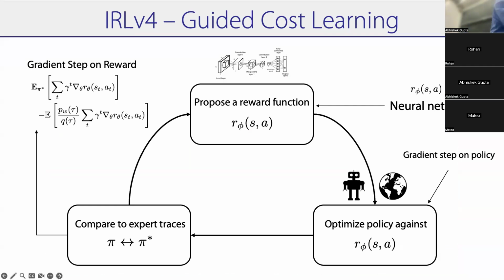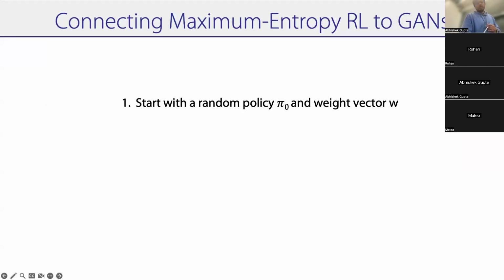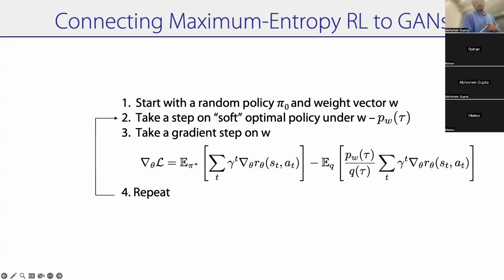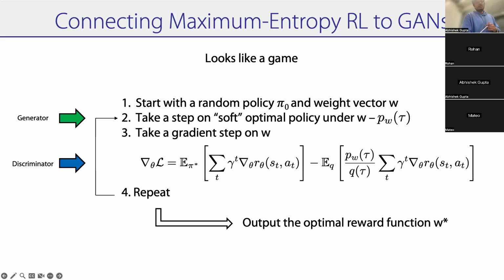Okay, so we have 5 minutes left. I'm going to really quickly get to the thing that we really care about, which is the thing you do in practice, which is that you often treat this like a GAN, right? So when you think of inverse RL, you treat it like a GAN. You can think of your policy as your generator and your reward function as your discriminator.